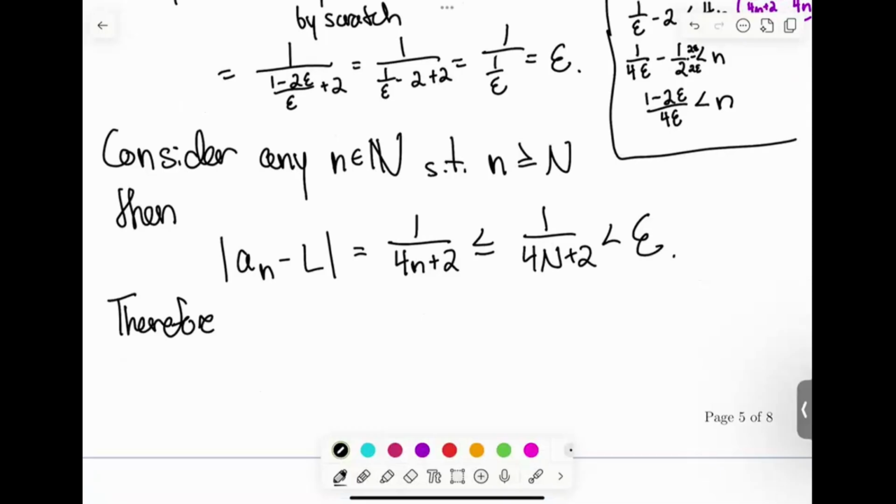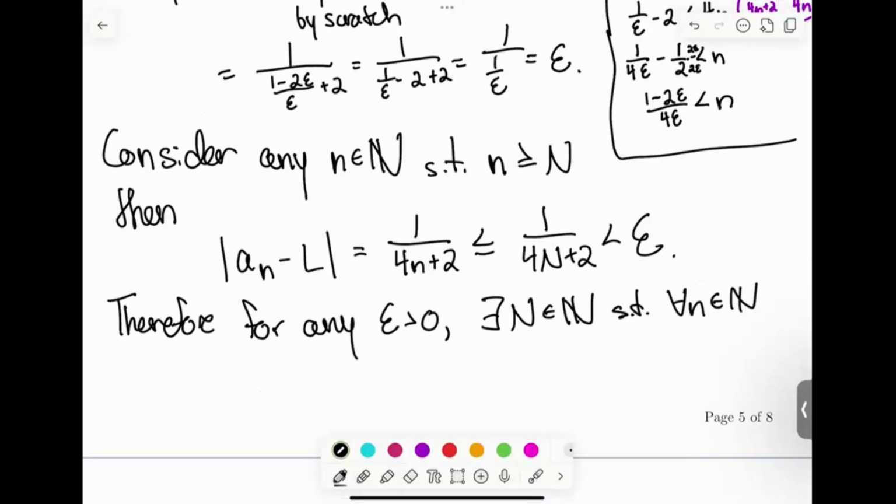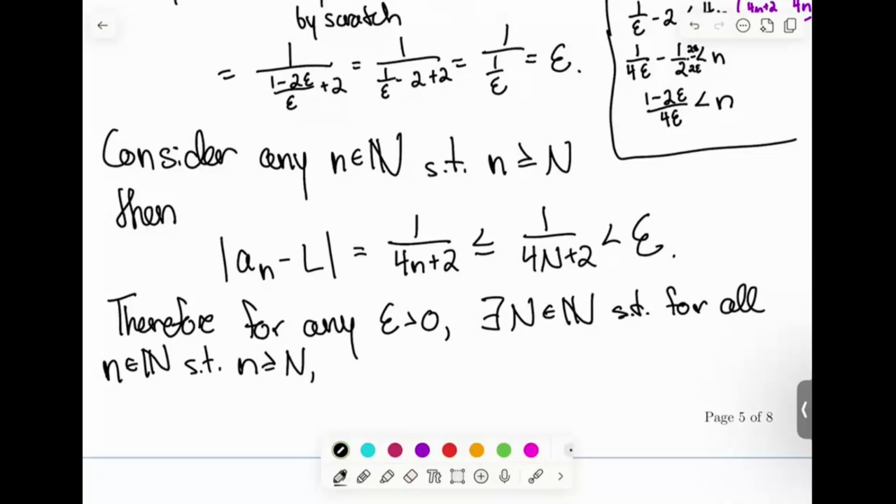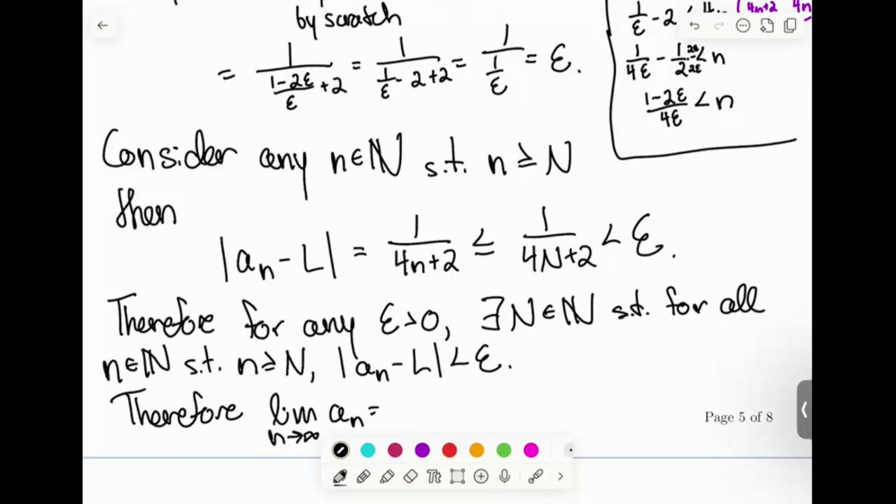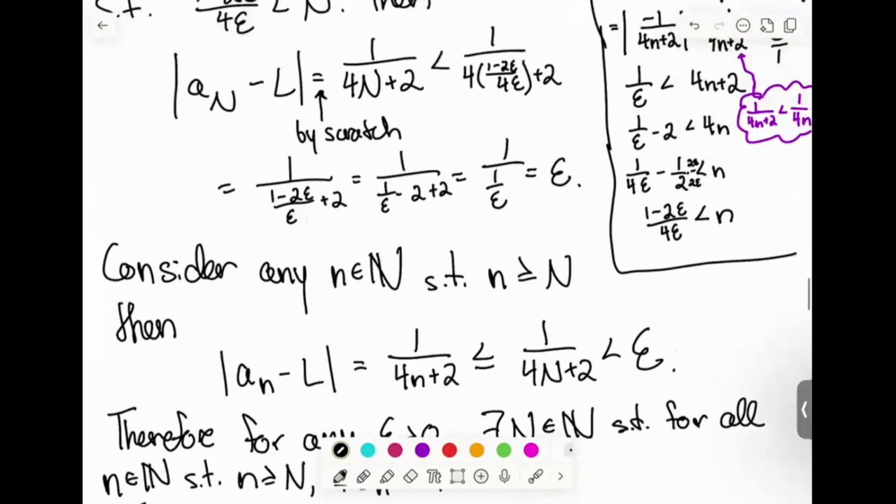Therefore, for any epsilon greater than 0, there exists a natural number capital N such that for all n in the naturals such that n is greater than or equal to capital N, therefore the limit as n approaches infinity of a sub n is L, which is 1/2, right?